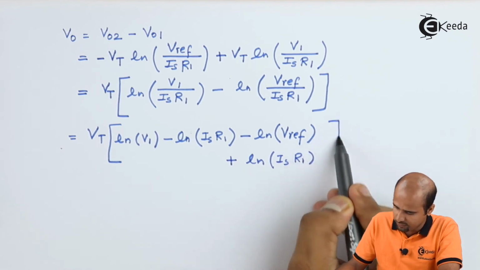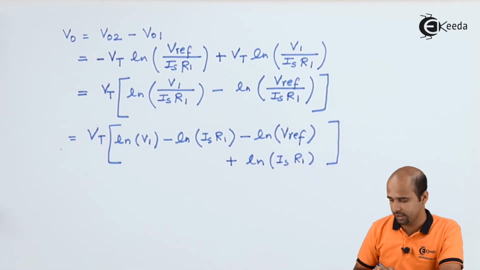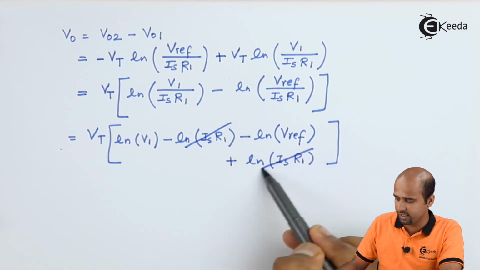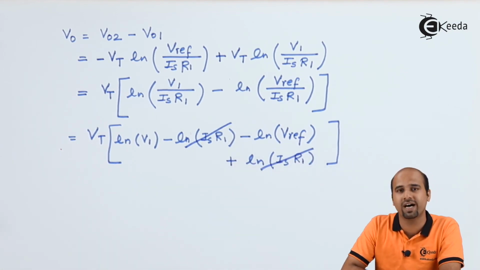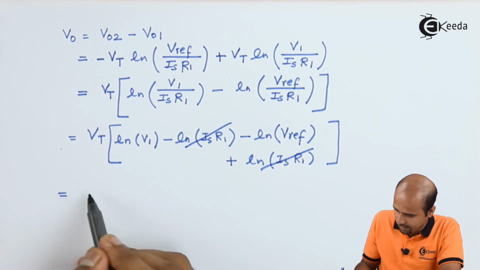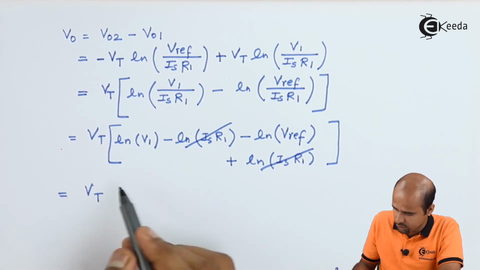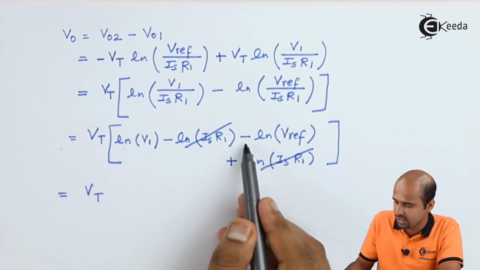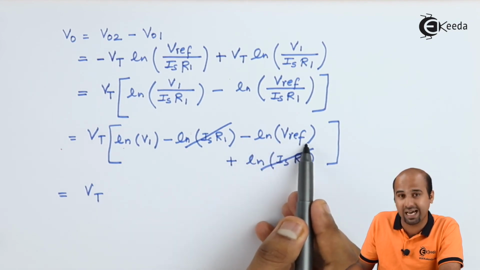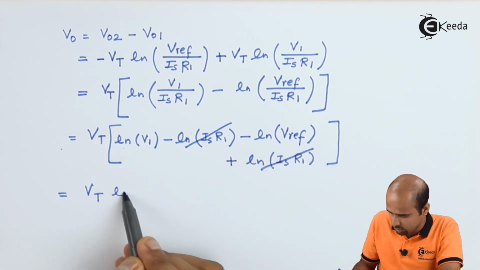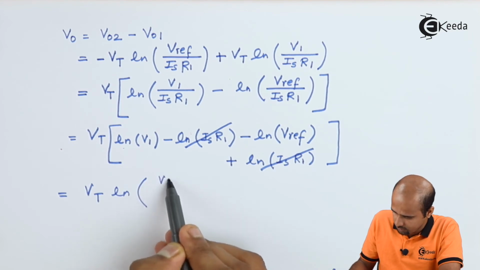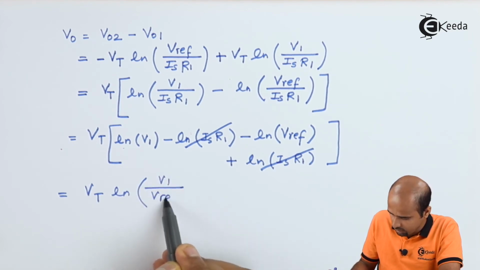Now the beauty of this particular circuitry is that I'm not getting the value of Is in our formula, so this is a somewhat temperature independent circuit. So I can say the value we are getting is Vt times ln V1 minus ln of VREF, that will give you the value ln V1 upon VREF.